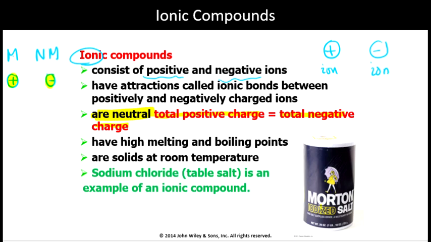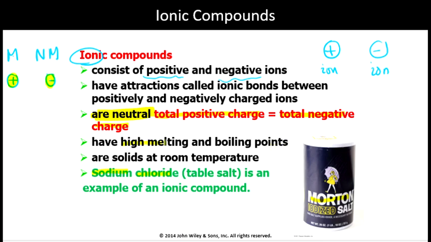I didn't want to advertise any brands here, but this is the most commonly used ionic compound in our daily life. Table salt, sodium chloride. This is an ionic compound. It starts with metal, ends with non-metal, so we call that an ionic compound. Ionic compounds have these properties.